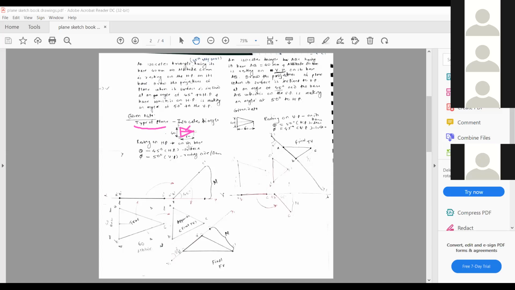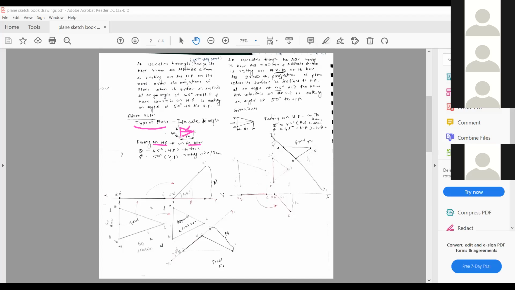Now you have to think about the position defined in this problem statement with respect to HP and VP and the inclinations. Okay. So it is mentioned that it is resting on HP on its base. So of course, if you name this side AB, then AB is the side on which it is resting.